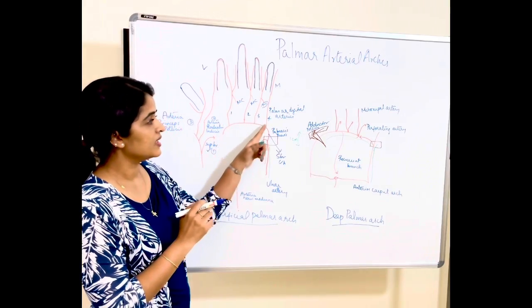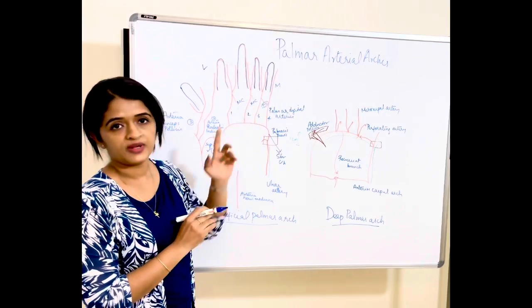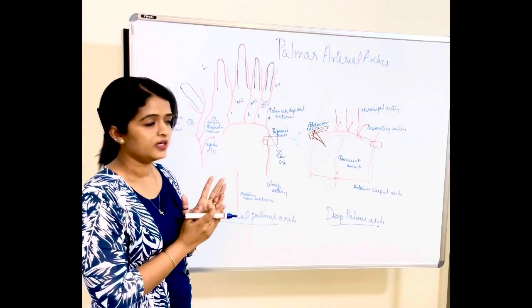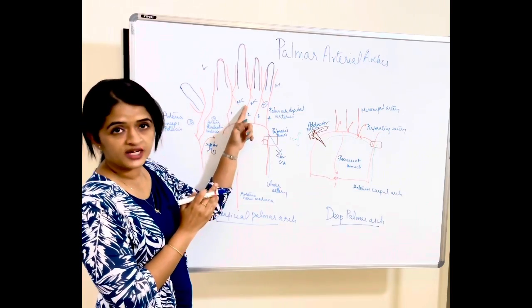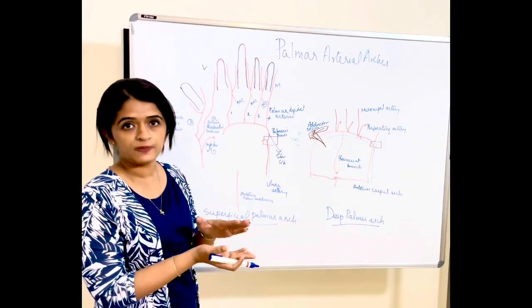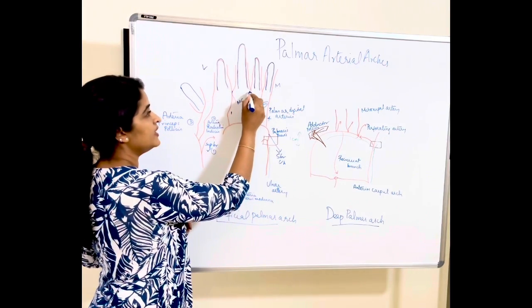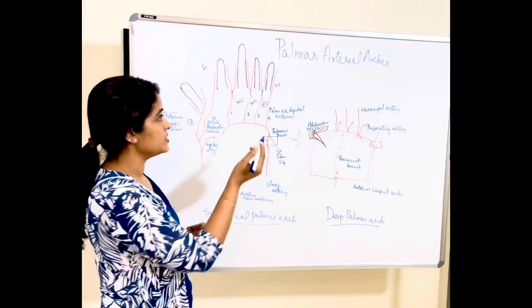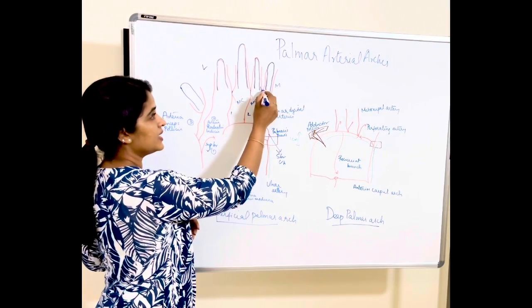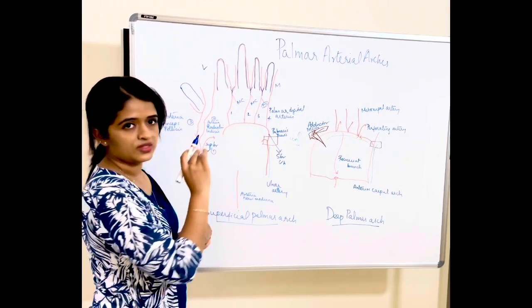So what happens? The medialmost artery is a proper digital branch which goes and supplies the medial aspect of the little finger. Now the three branches are joined by the metacarpal arteries of the deep palmar arterial arch, and then they form the common digital branches. These go to the web space and divide into two proper digital arteries each.